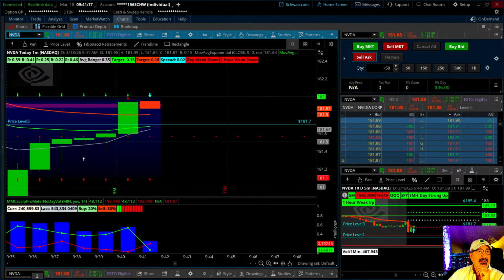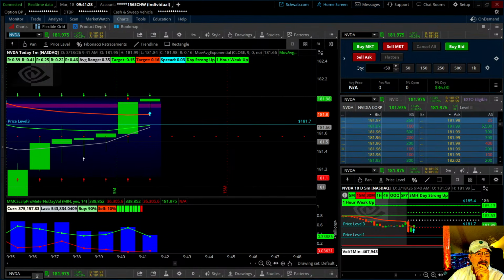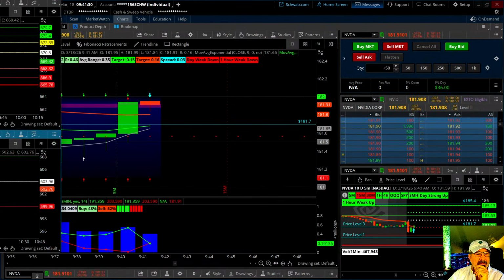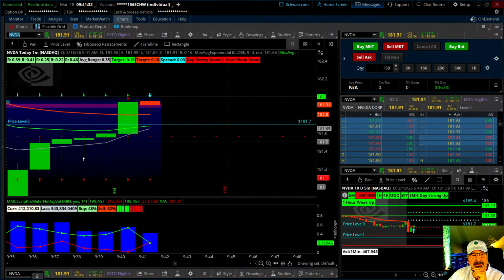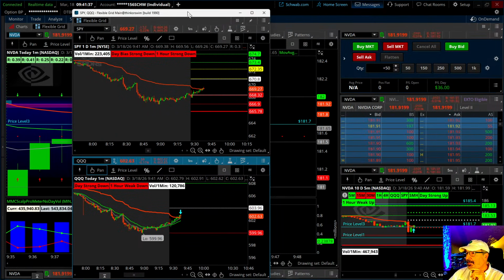What's everything doing? Let me get this down here. That's my SPY and my QQQ, and I'm having trouble finding a spot for it.